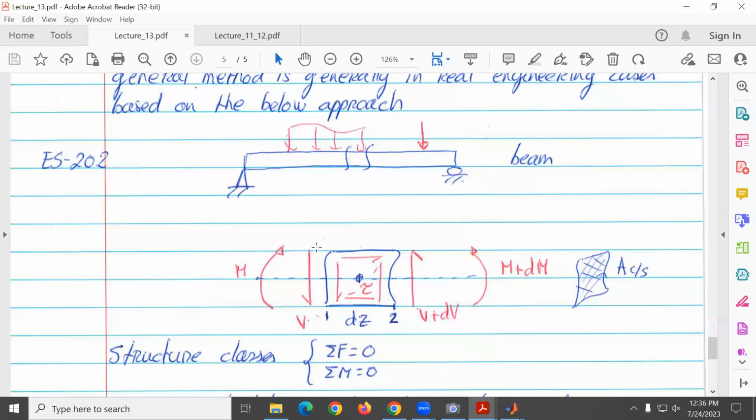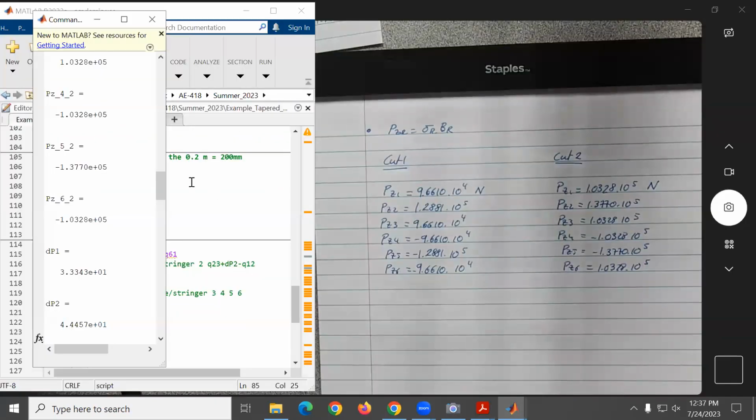So in order to find the force in that direction, you need to multiply the stress by the area of the stringer. Here you need to do the same thing. So it will give you the value at this point and the value at this point. Correct? Next, the change in force will be P1 minus P2 or P2 minus P1.